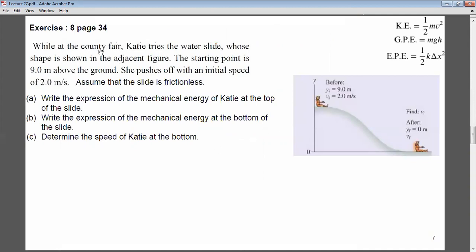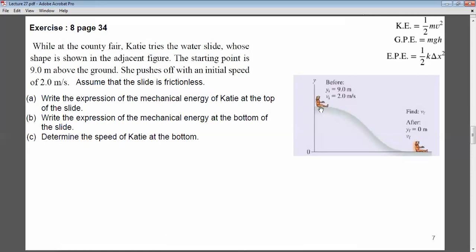While at a county fair, Katie tries the water slide. So this is a water slide, and this is Katie over here, whose shape is shown in the adjacent figure. The starting point is 9 meters above the ground. So Katie was at 9 meter altitude from the ground. She pushes off with an initial speed of 2 meters per second.